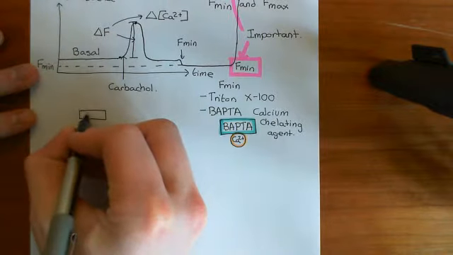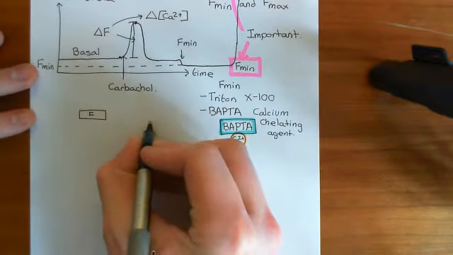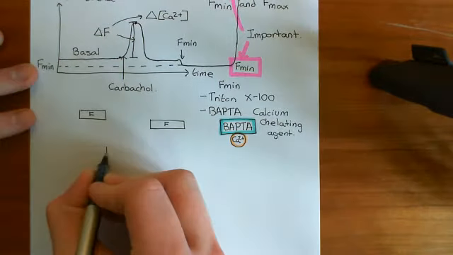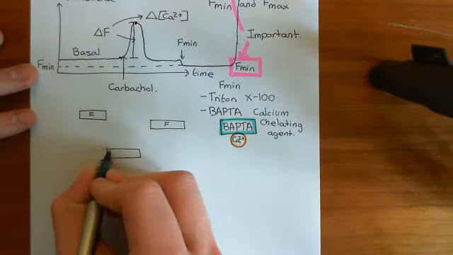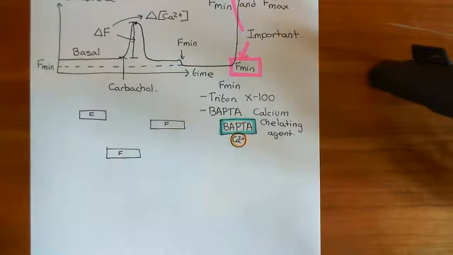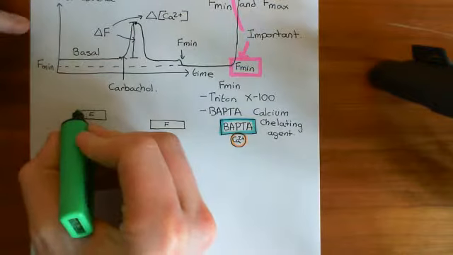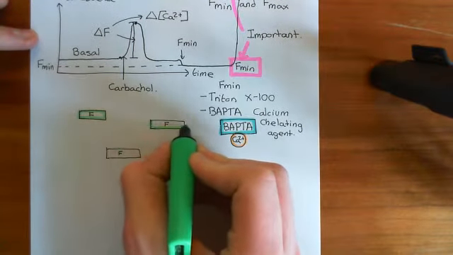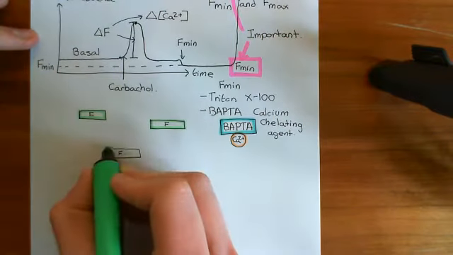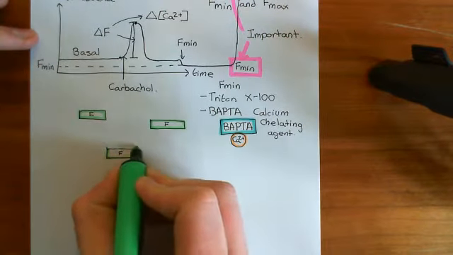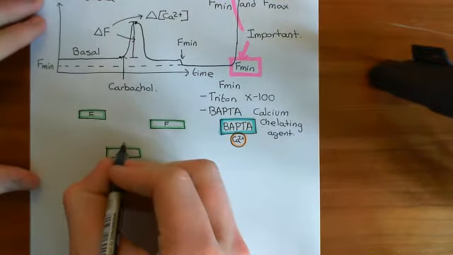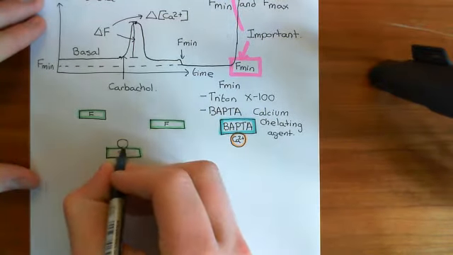In each cell, you're going to have lots of Fluo-4 molecules. I'll draw these here. So here are some Fluo-4 molecules, and I'll colour them green, which would probably be the most appropriate colour. Some of these Fluo-4 molecules will have calcium bound to them, and some of them will not. So let's draw a calcium ion bound.